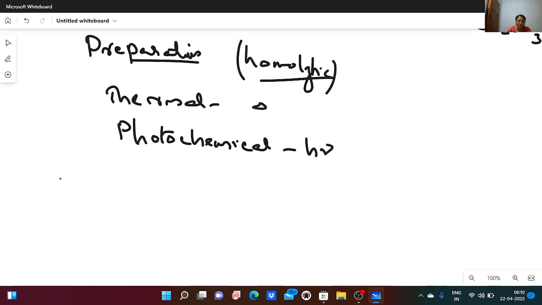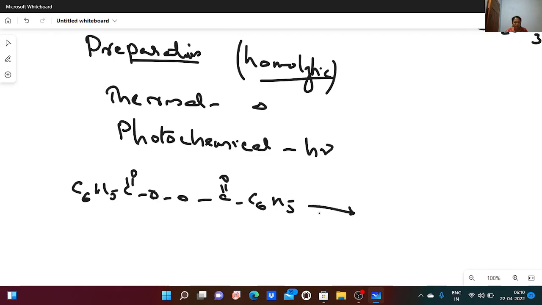Let's see some simple examples. In your textbook, I think benzoyl peroxide is given, so I am representing it here. C6H5CO, benzoyl, then peroxide OO, and in the presence of h nu, photochemical cleavage, this bond is homolytically cleaved.